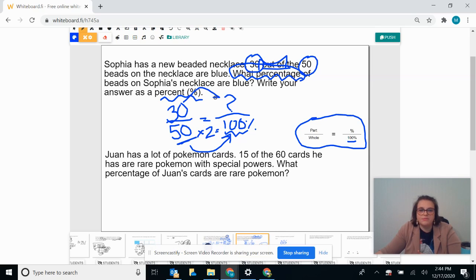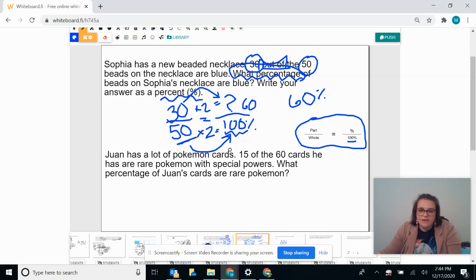Whatever I do to the bottom, I need to do to the top. So 30 times 2 equals, anybody know it? 30 times 2 equals 60. So this answer of what percentage of beads on Sophia's necklace are blue, the answer is 60%.